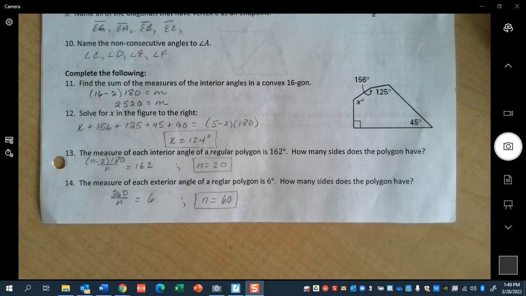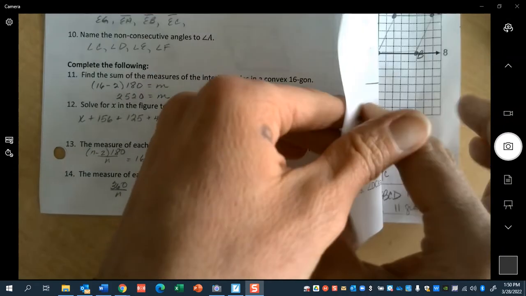This figure to the right is a pentagon, so I know 5 minus 2 times 180 is going to give me an x value of 124. 13 and 14 are your two formulas that we talked about with interior and exterior angles of a regular polygon. Make sure you know the difference between finding an interior and an exterior. Sound okay? All right, next page.